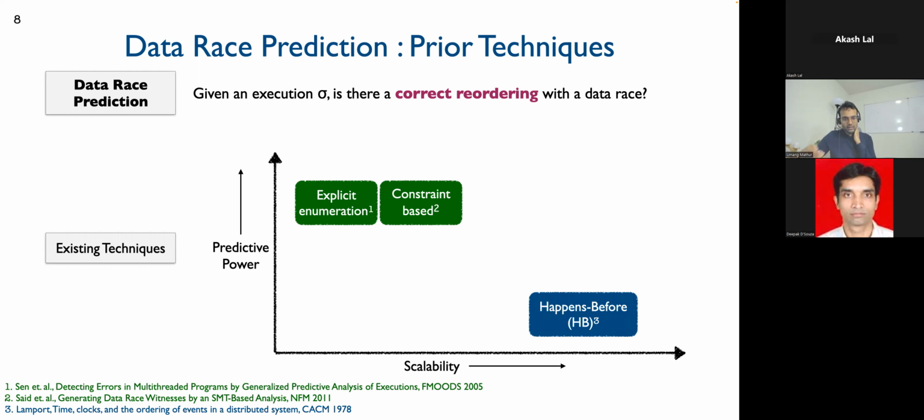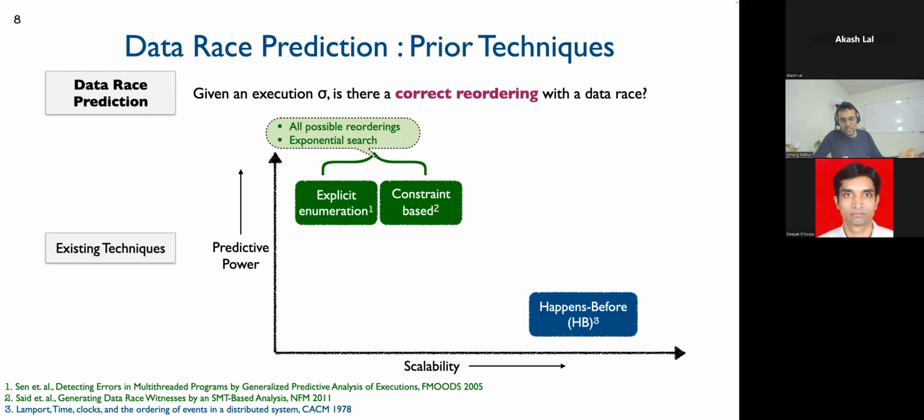On the other hand, on the other end of the spectrum, we have the most widely adopted data race detection techniques, which are based on the classic happens-before partial order. So here, instead of looking at all possible correct reorderings, one restricts themselves to a small number of reorderings and data races that can be found within those reorderings.